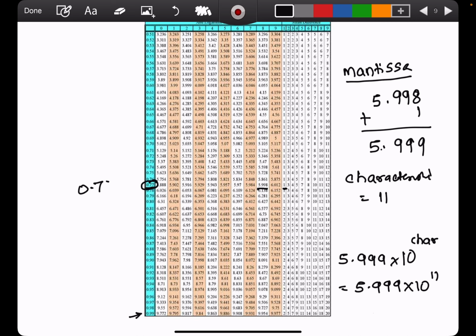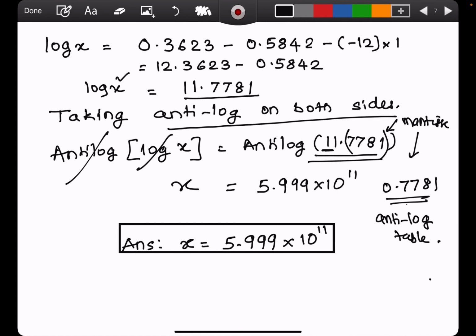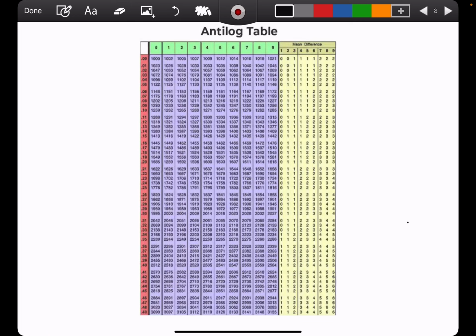So 0.77, you locate the row, this is the desired row, and what you want is the eighth column.